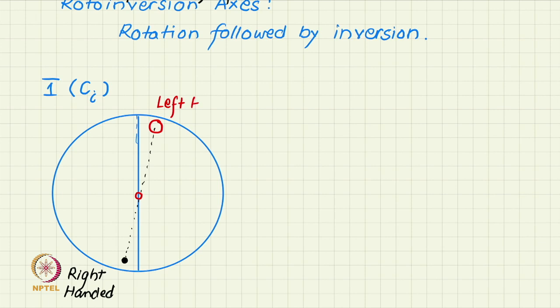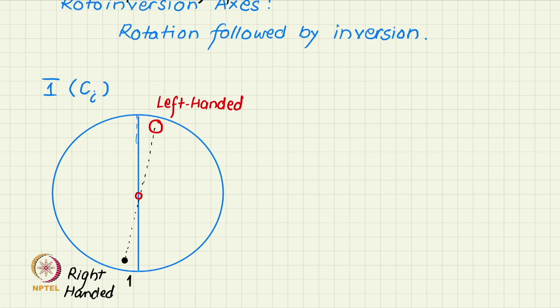then the image will be left handed, and I will show left handed image by a red circle. So, open circle shows that it is below the equatorial plane, and the red color shows that this is of a different handedness than the black point. So, if the black is right handed, the red is left handed, and that completes the group, because if I now apply the inversion again on this red point, it will bring me back to the original black point.